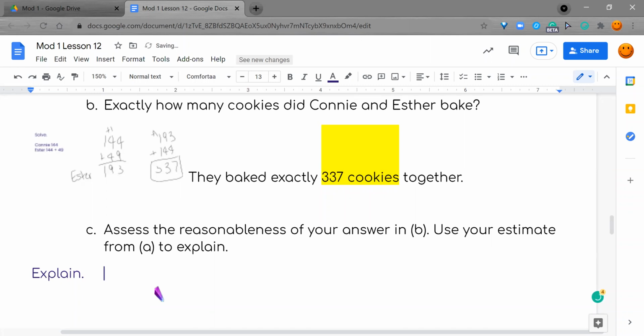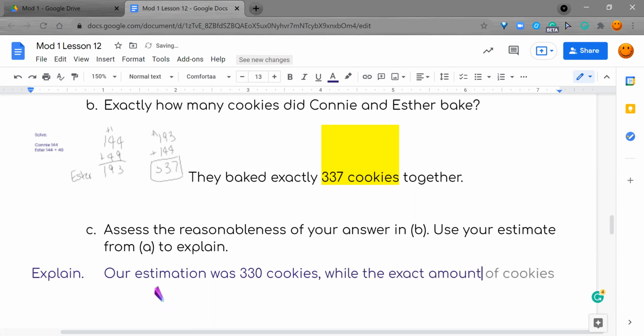So here, our estimation was 330 cookies, while the exact amount of cookies was 337.